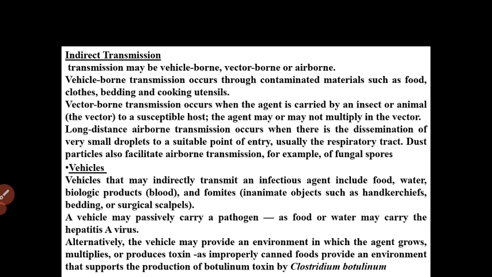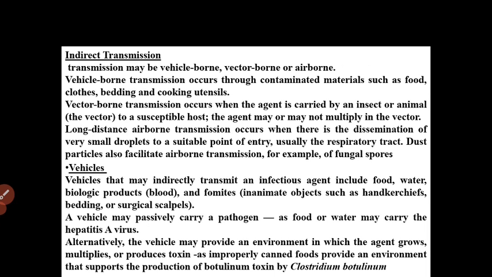Now it can be vehicle-borne, vector-borne or airborne. I told you. So vehicle-borne transmission occurs through contaminated materials such as food, clothes, bedding and cooking utensils. Okay. If you use any such contaminated material, there is a chance of indirect transmission.